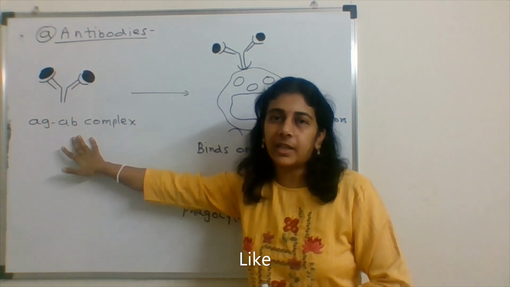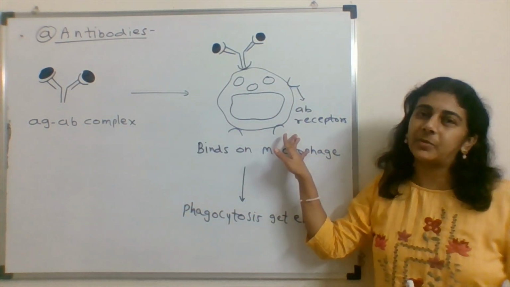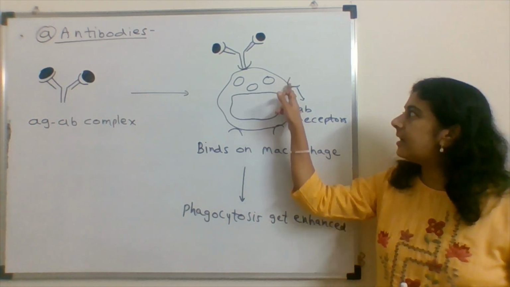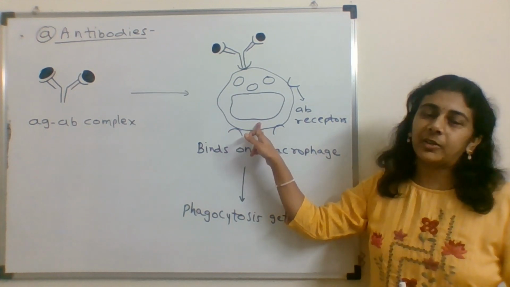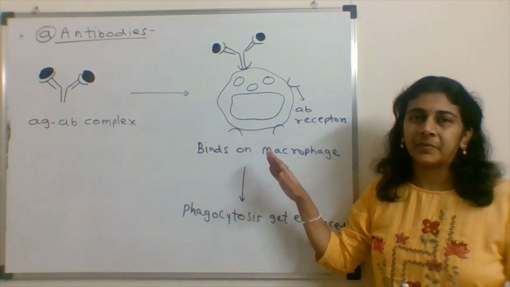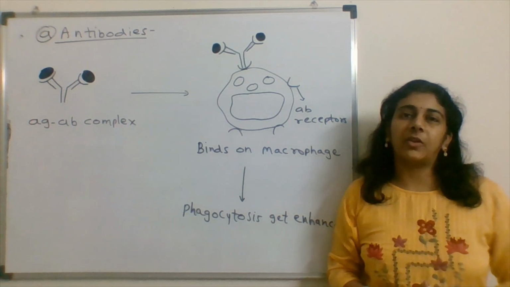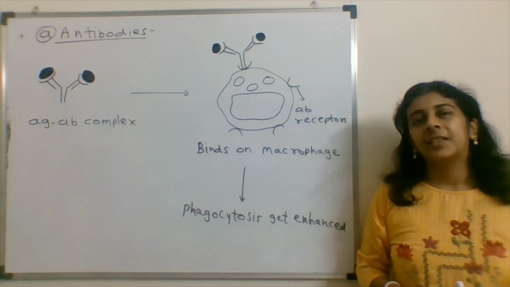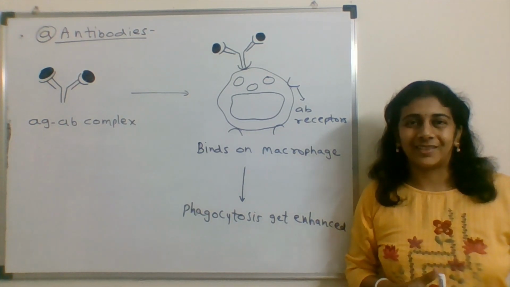This antigen antibody complex can bind to the Fc receptors which are present on the macrophages. Due to this binding, the phagocytosis of the macrophage can get enhanced 4,000 folds.